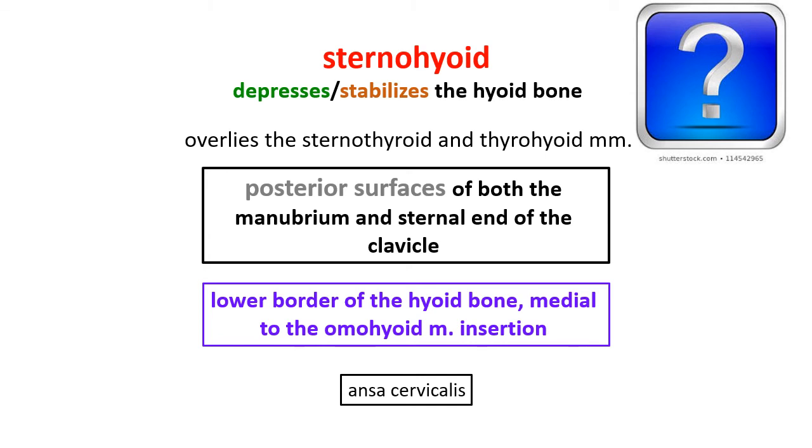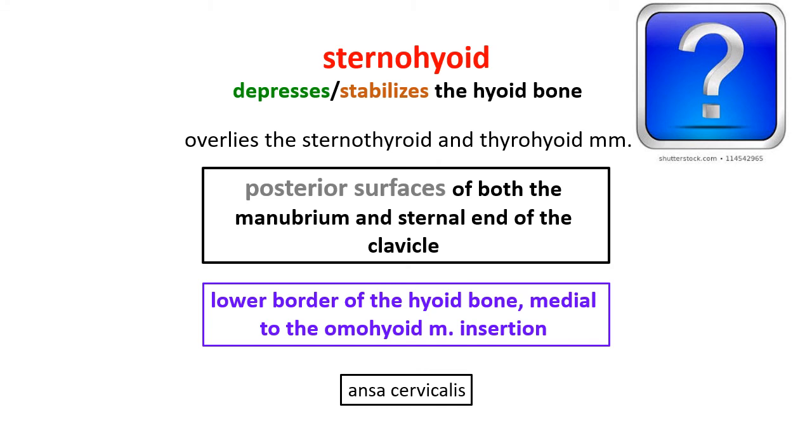These are a few facts about the sternohyoid, the muscle that extends from the manubrium sterni to the hyoid bone. When it contracts it depresses and at the same time stabilizes the hyoid bone, and it covers the sternothyroid and thyrohyoid muscles.